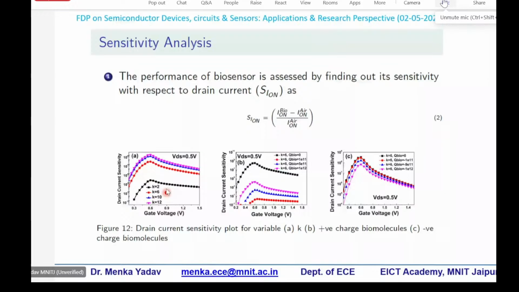That different curve signifies the different charged biomolecules, positively and negatively charged, and so on. Okay, so that shows us how the device you have prepared can sense the biomolecules, and this is working like a biosensor.